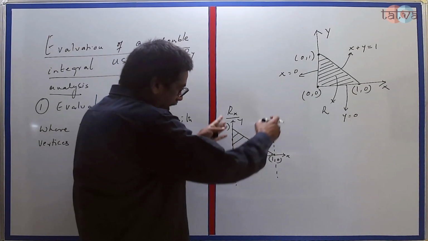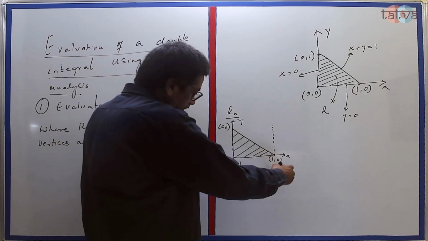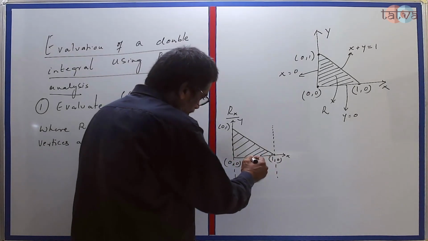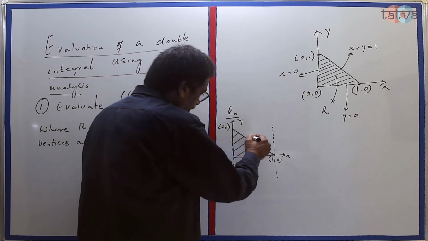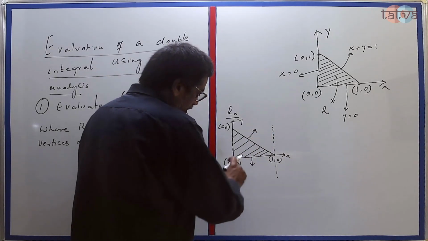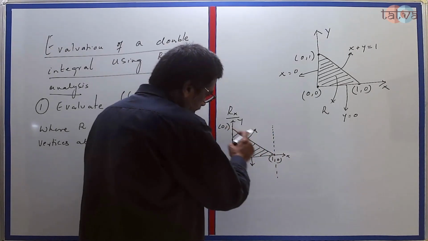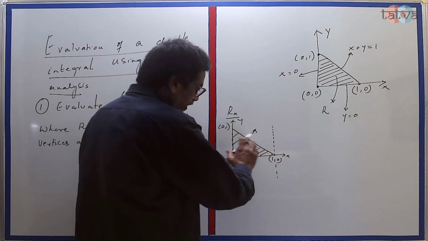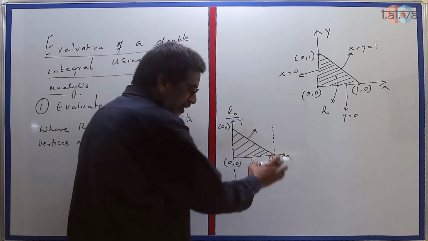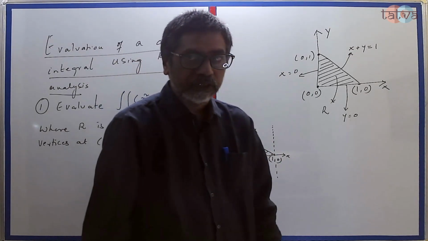I observe the lower curve and the upper curve. This lower curve and this upper curve do not intersect anywhere in between. That's exactly what we need for an Rx region.